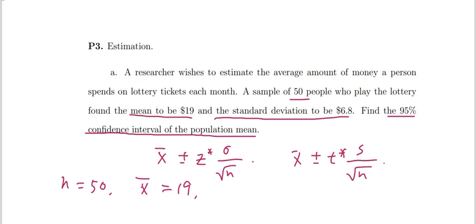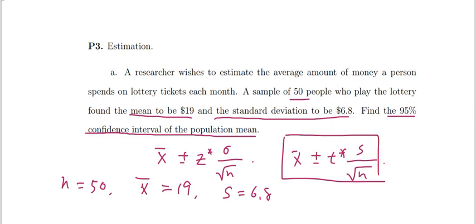We just judge it from the problem itself. It says that from the sample, we find the mean, find the standard deviation. So this is from the sample, right? So this is S.